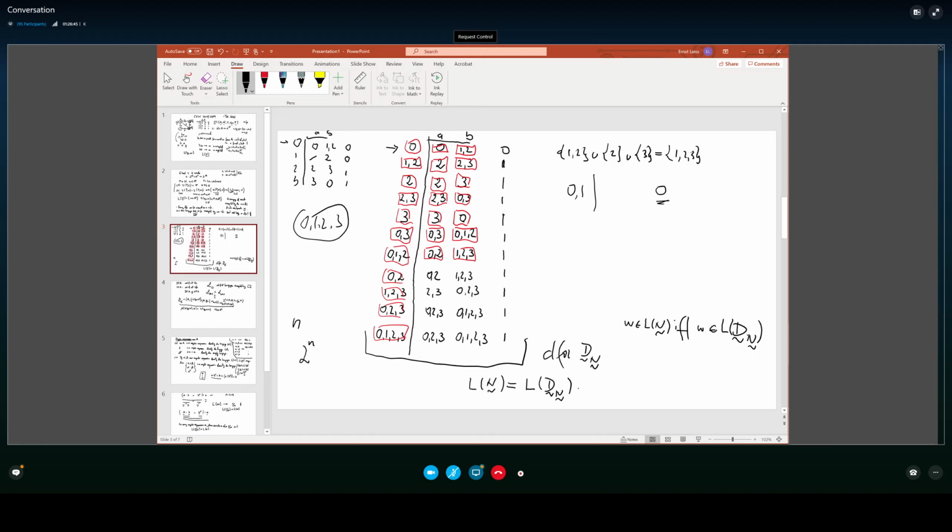Does that clarify it now? Yeah. Okay. Any other questions? Yes, 1, 2 has 2, which is a final state in the non-deterministic finite automaton. Therefore, it is a final state in the deterministic one.